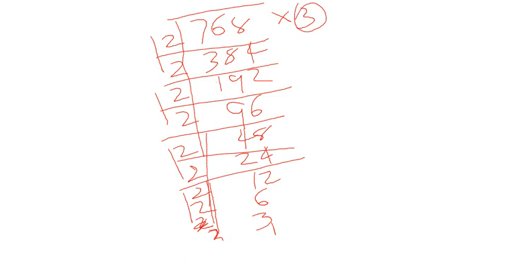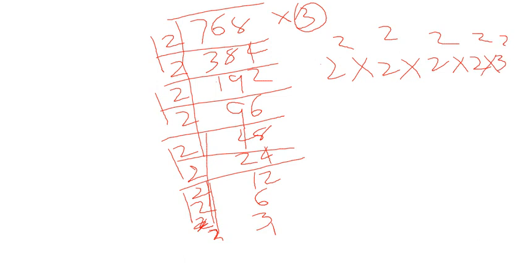To find the square root, write it as 2 raised to 2, one pair, 2 raised to 2, second pair, 2 raised to 2, third pair, and 2 raised to 2, fourth pair. Yes, 4 pairs. And then 3 is missing, so we have to make that pair with 3.